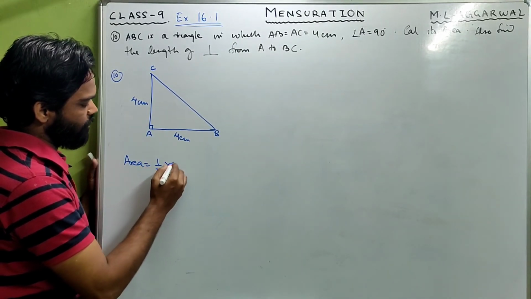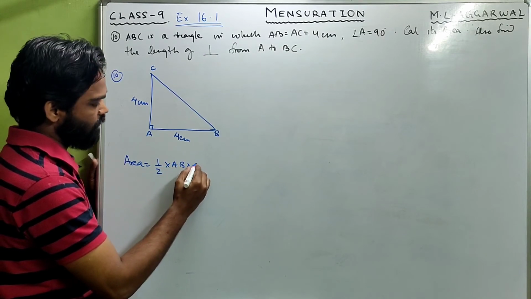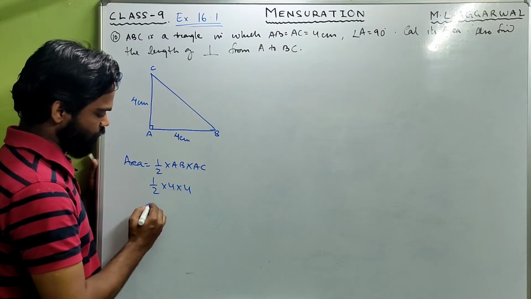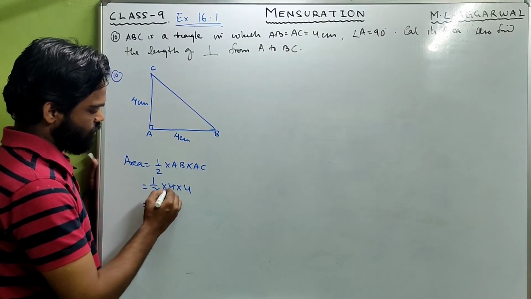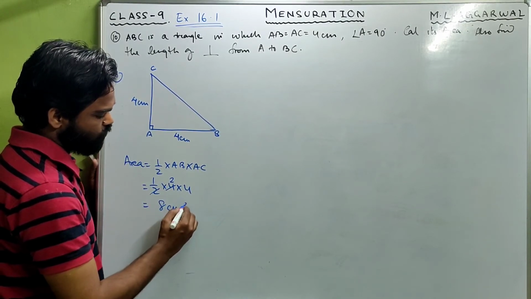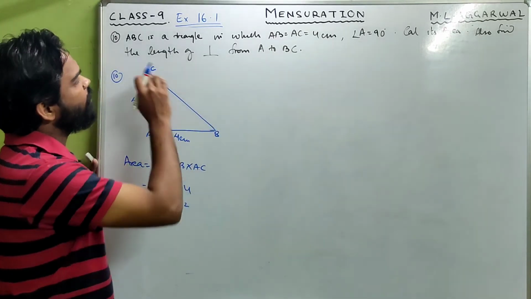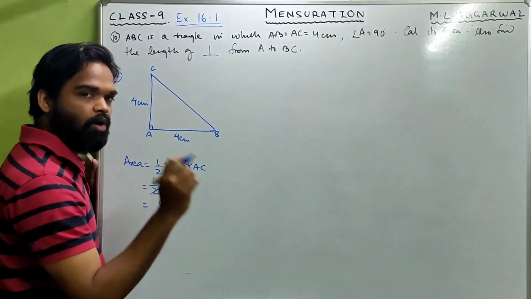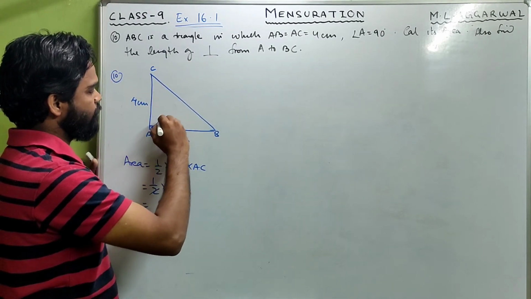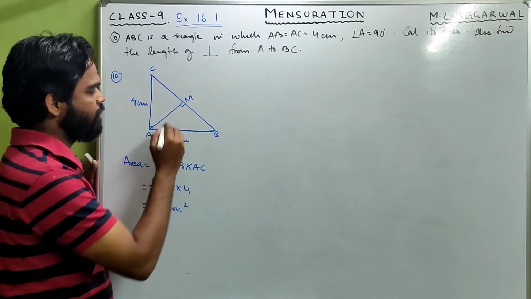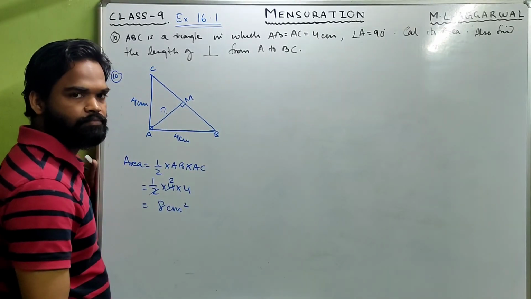Area is half into base into height, which is half multiplied by 4 multiplied by 4. That's how much? That's 8 centimeter square. There was no issue. Now what they're saying? Also find the length of perpendicular from A to BC. From A to BC, if you drop a perpendicular AM, they are asking the length of AM.